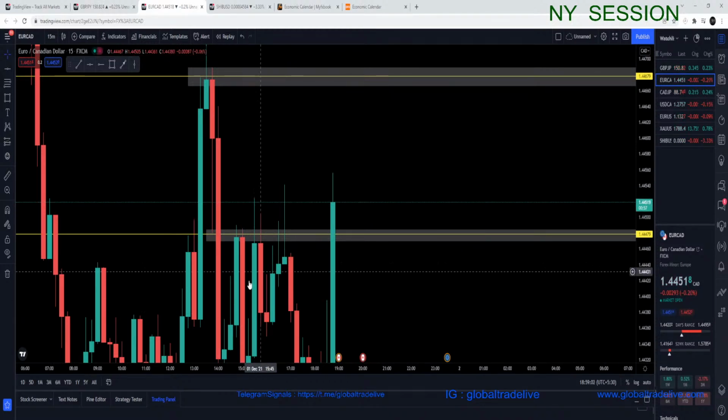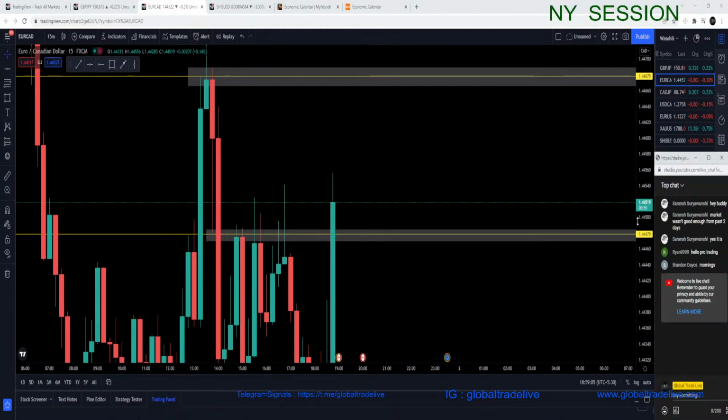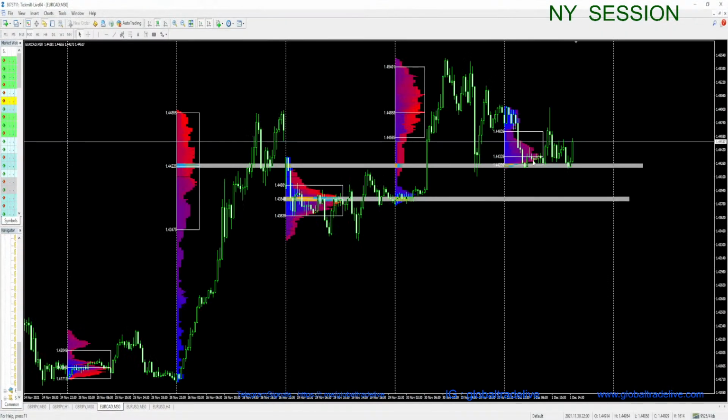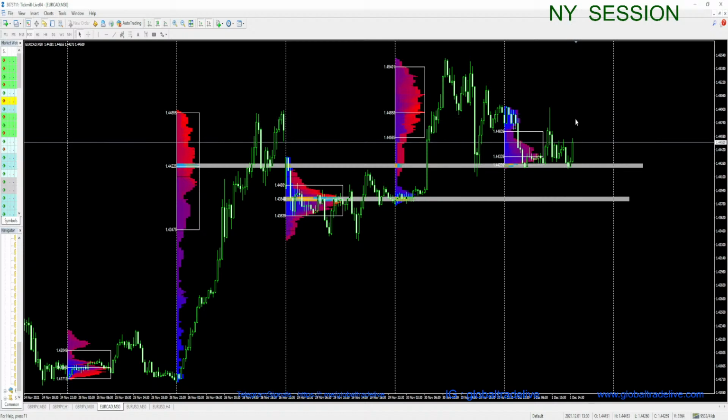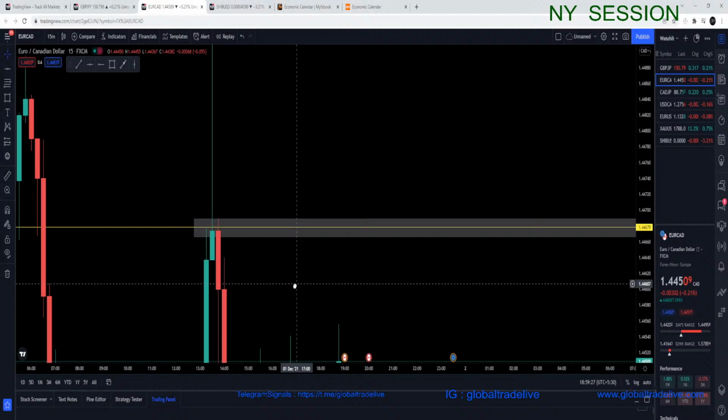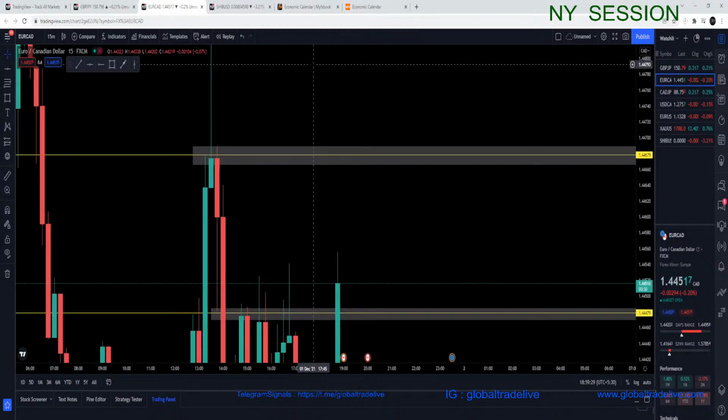So 1 minute left. Let's see after 1 minute where this candle will be closing. So again, EuroCAD is respecting this area over here, so it can possibly move up to fill this gap a little bit.